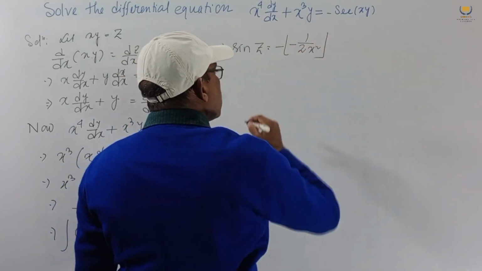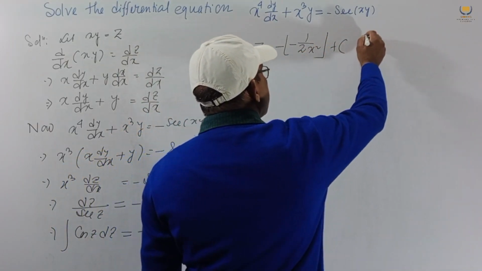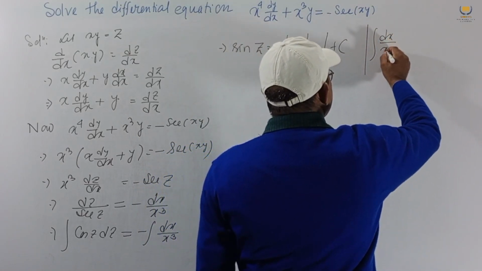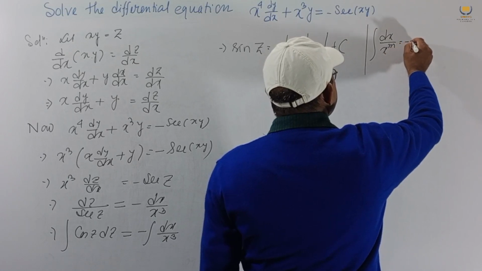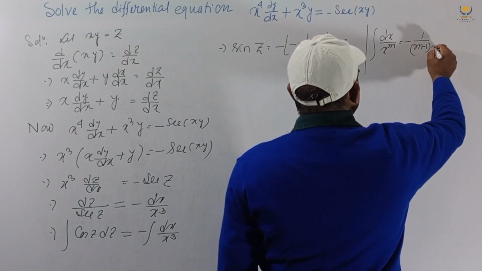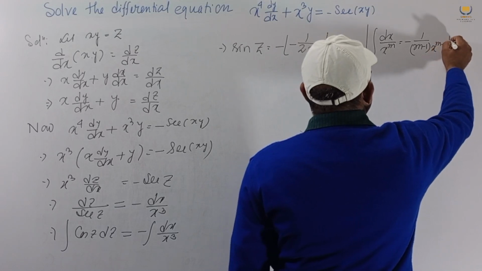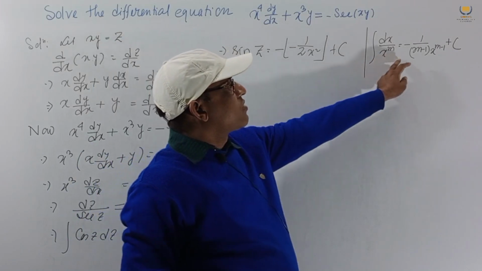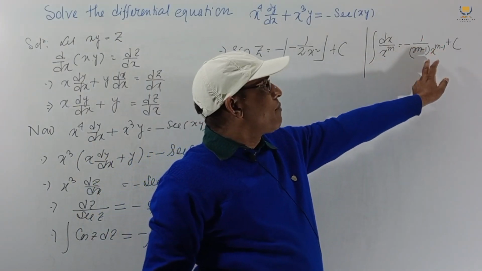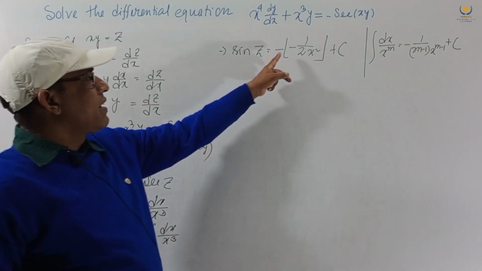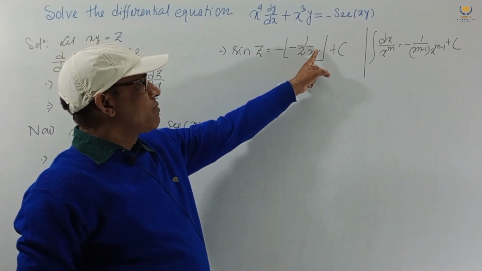square, plus c, because we know this formula: the integration of dx by x to the power m is minus 1 by (m minus 1) x to the power (m minus 1) plus c. We know this formula. Here m means 3, 3 minus 1 is 2.